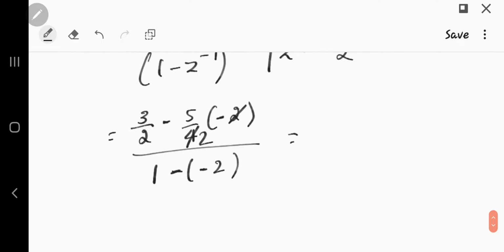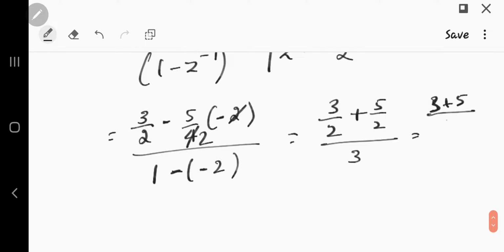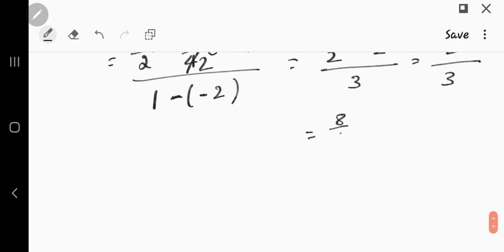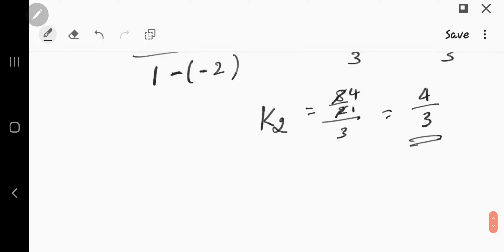So 2 2s are... So you'll remain with 3 by 2 plus 5 by 2 divided by 1 plus 2, that is 3, and here it is 3 plus 5 divided by 2, so that is 8 by 2, 2 4s are, 2 1s are, so 4 by 3, that is the value for K2.